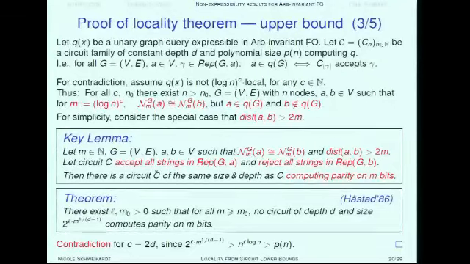Now how do we get the contradiction? Our key lemma says there exists a circuit that computes parity on m bits. And the circuit has depth d, which is the depth of the original circuit C that we had in the beginning, and has size polynomial in n, p of n. And now what is this here? 2 to the L times m to the 1 over d minus 1.